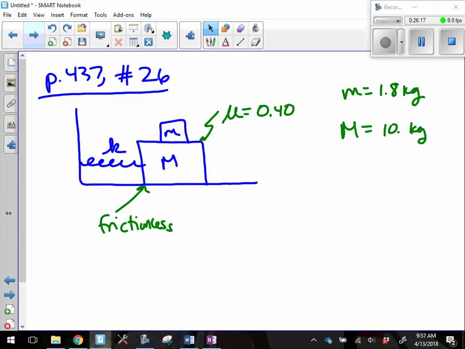Static, because it's between these two blocks that I don't want to move. As long as the maximum static friction force, because that's the only one I can calculate, is bigger than the restoring force, which means the force that the spring pulls on the block with, the top block won't slip.